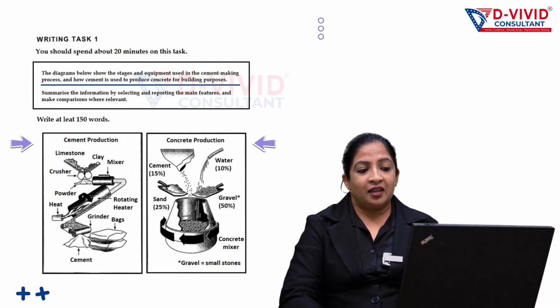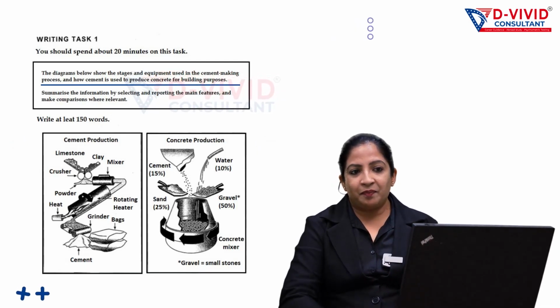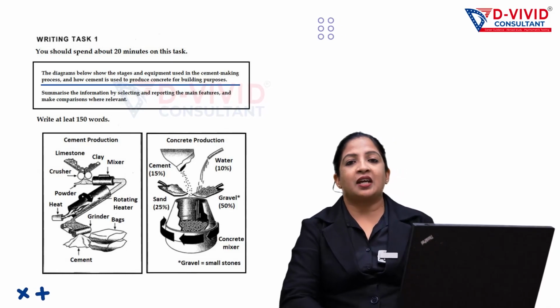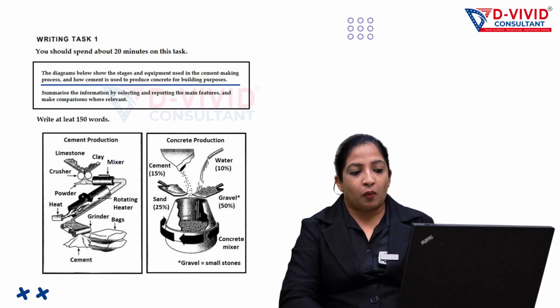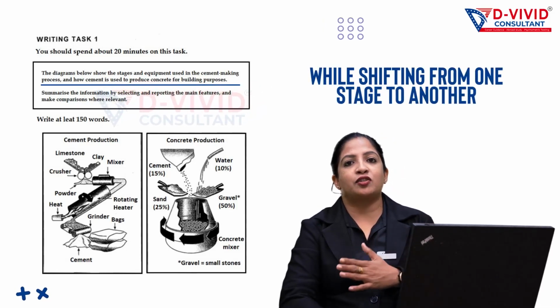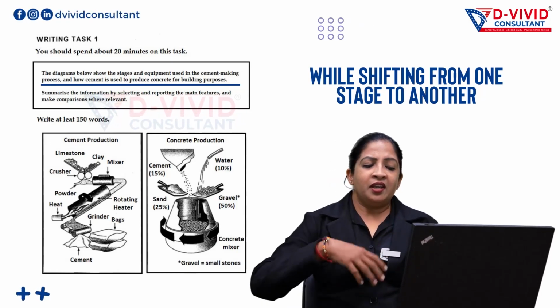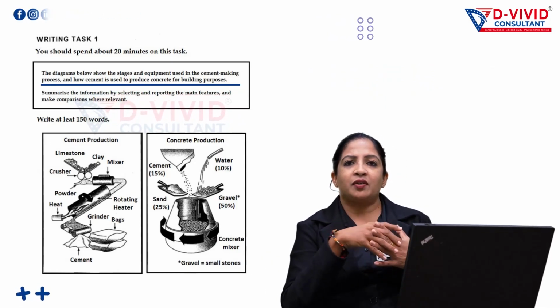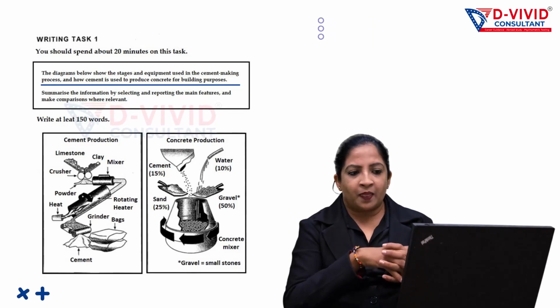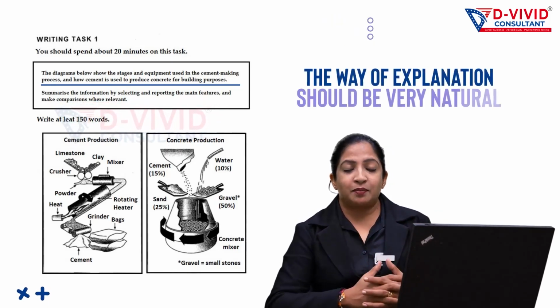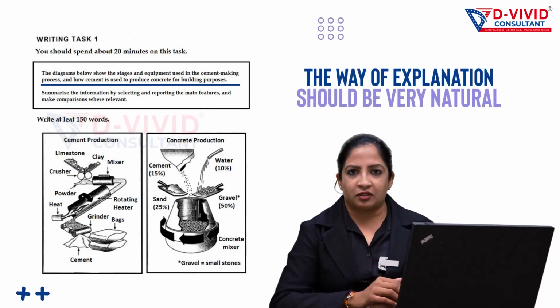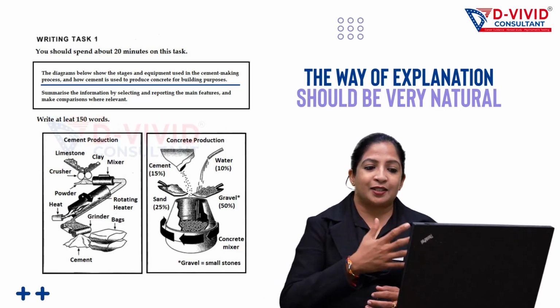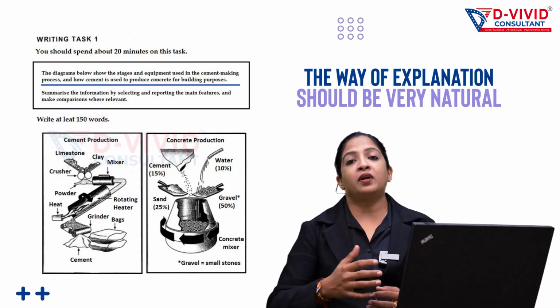While I was explaining, you might have observed the kind of words that I've used while shifting from one stage to another. When you are explaining the process, the way of explanation should be very natural, as if you are explaining the system to someone else.